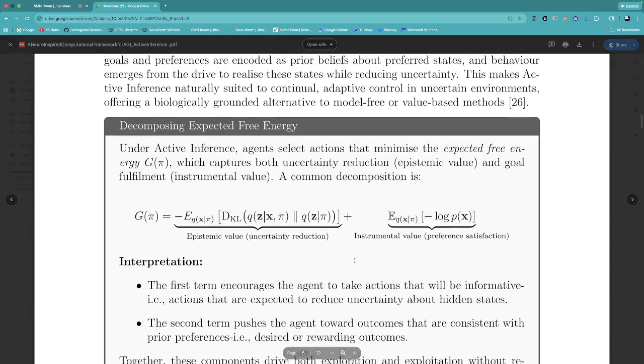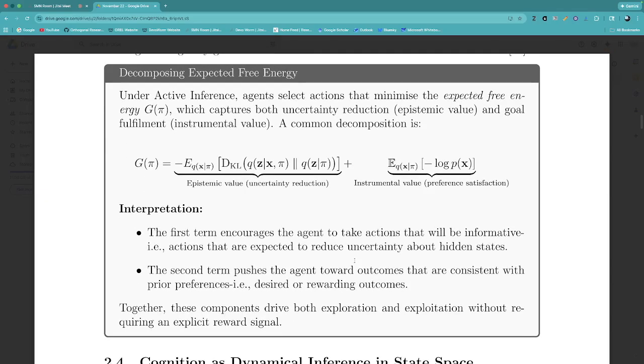So this is the decomposition of expected free energy. The interpretation of this equation, the G pi function, is that the first term, the epistemic value, encourages the agent to take actions that will be informative, actions that reduce uncertainty about hidden states.